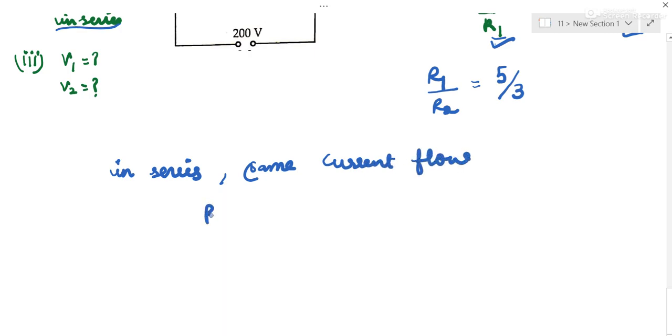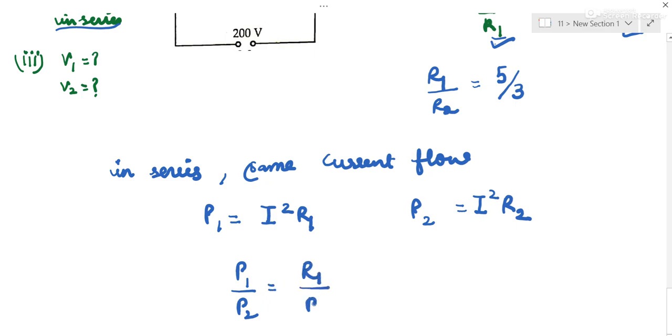So first power would be I square R1, second power would be I square R2. So we can take the ratio directly. P1 by P2 would be equal to, I square cancels, R1 by R2. So the ratio of power is also the same in series. This is not the ratio of the power rating, this is power in series.